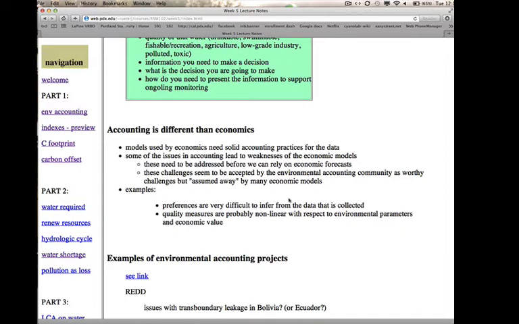So here's an example. Economists might study the preferences for different qualities of water, and it's very difficult to infer that directly from the source of data, so that's where economists would come in and study how people's preferences related to that.